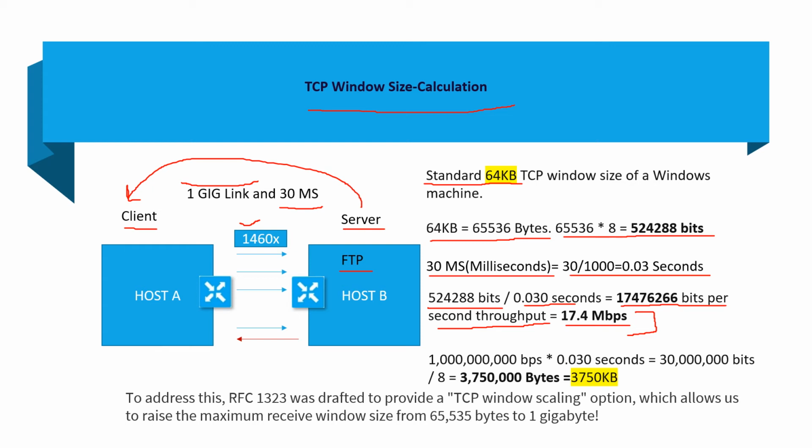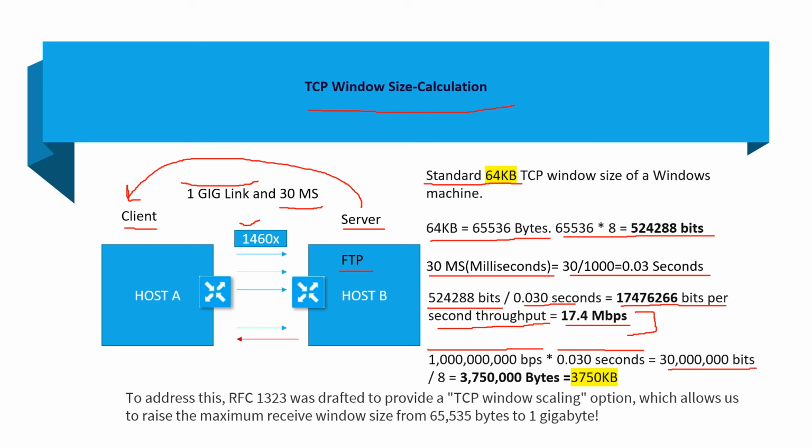That's the question. Technically, the bandwidth delay product gives you the formula. This is my bits per second rate, which comes from the 1 gig link. Then I have a delay of 0.030 seconds. That gives me this many bits.